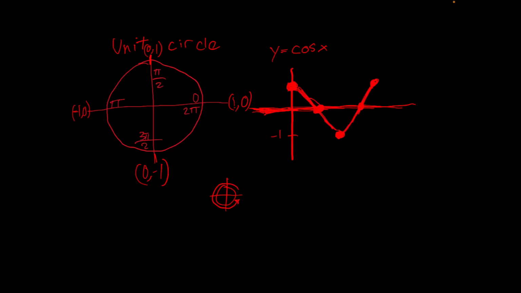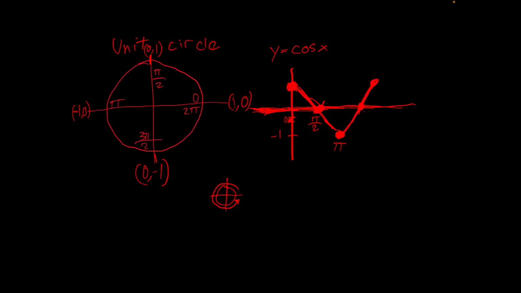Which means that right at these spots, we can mark them. Right at the beginning, 0 pi or just 0, so I'll just write 0. Right here, we're at pi over 2. Right here, we are at pi.